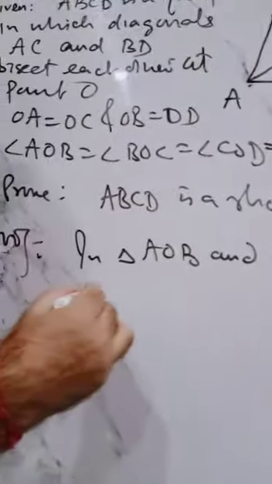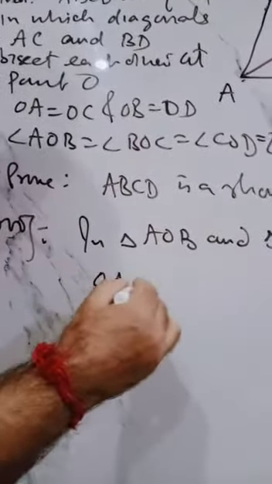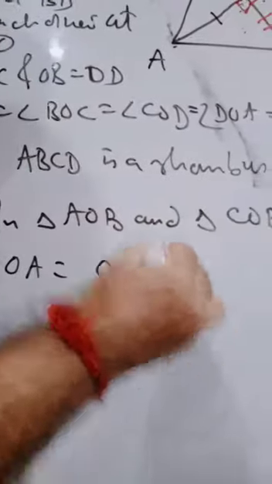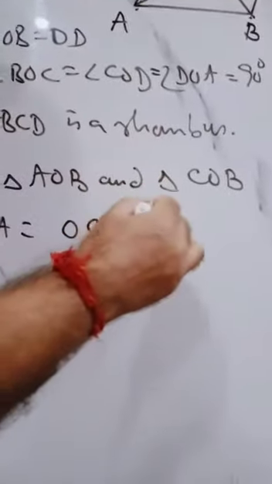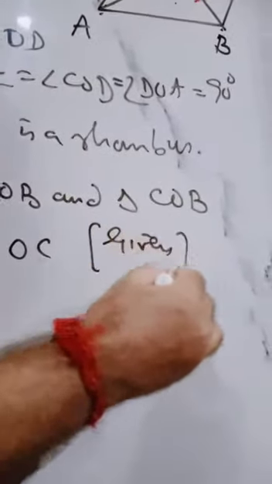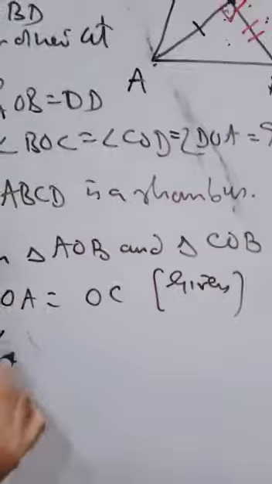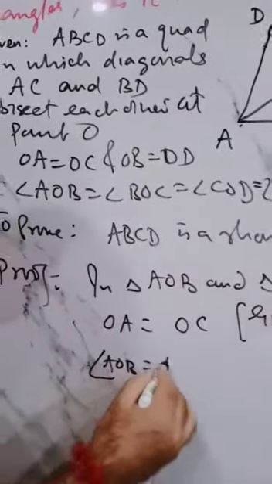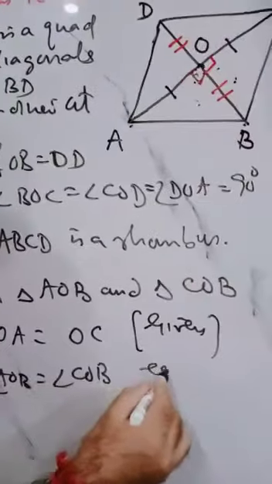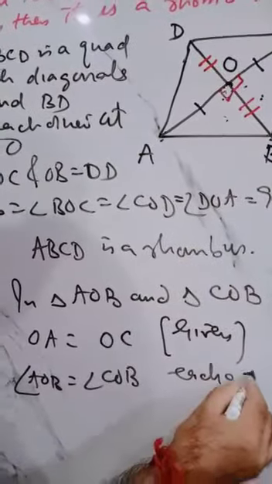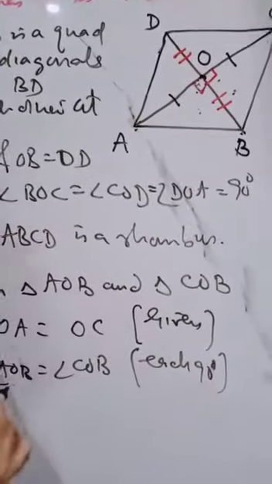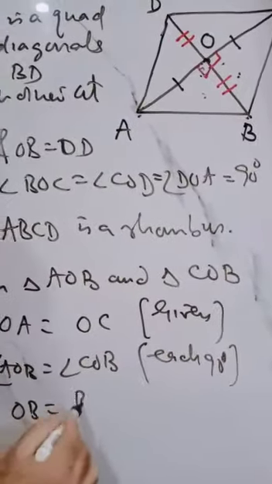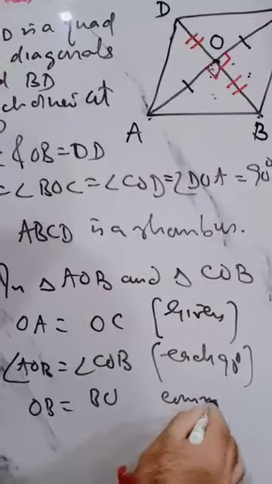So children, you will write it like this: OA is equal to OC because it is given that the diagonals bisect each other. Angle AOB is equal to angle COB, each 90 degrees. And then we have OB equal to BO, this is common.